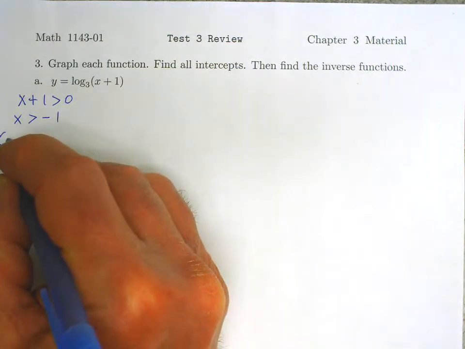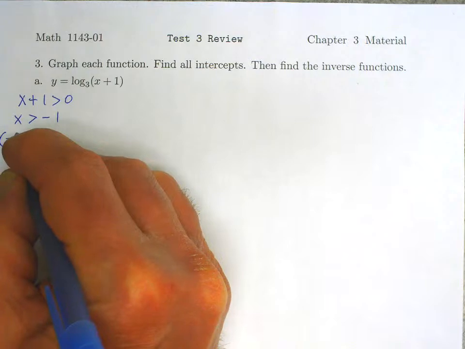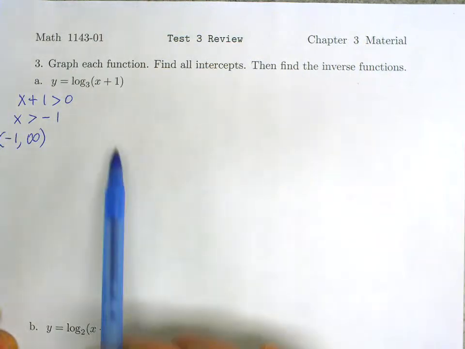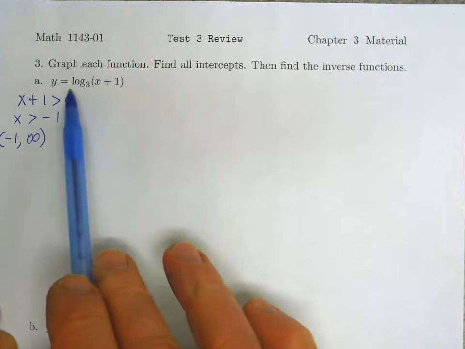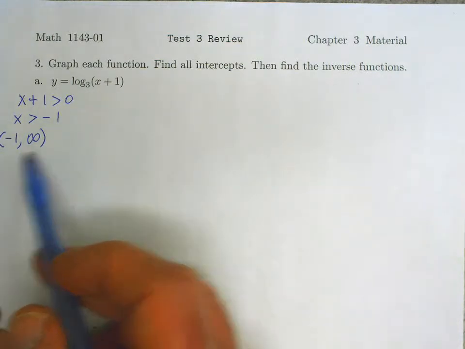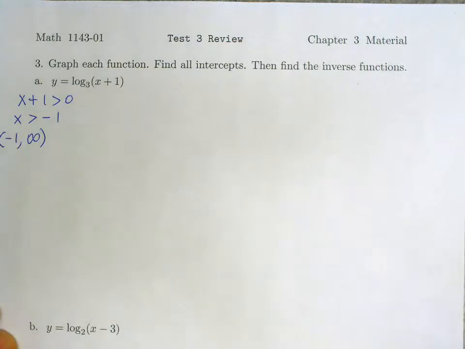So in interval notation, the domain is parenthesis -1 comma infinity. And we want to pick some ordered pairs of points that are on the graph. The vertical line x equals -1 is a vertical asymptote.